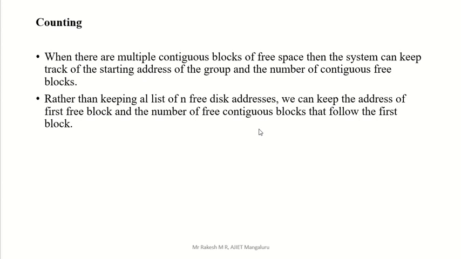Counting means in the first block we store how many free blocks there are in the next. Only the count we give, no need to store addresses. That count is placed in the first block. That concept is called counting.